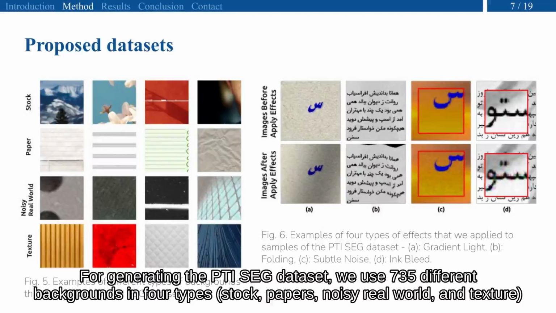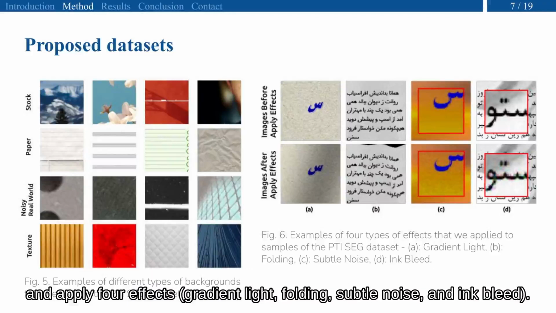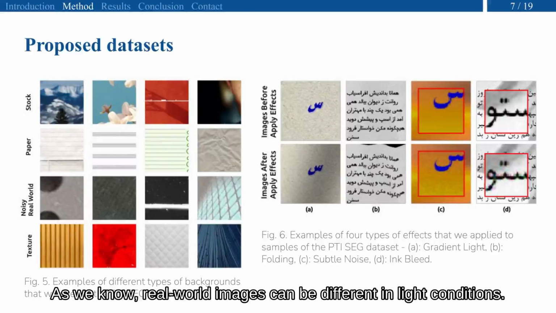For generating the PTI-SEG dataset, we used 735 different backgrounds in 4 types: stock, papers, noisy real world, and texture, and applied 4 effects: gradient light, folding, subtle noise, and ink bleed. As we know, real world images can differ in light conditions.